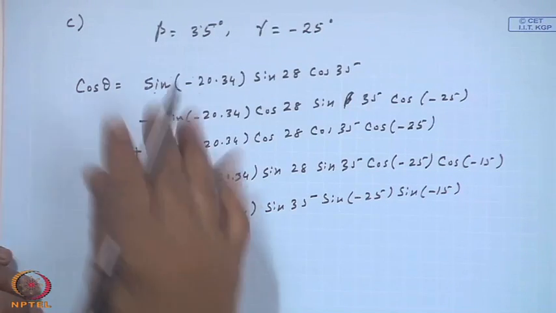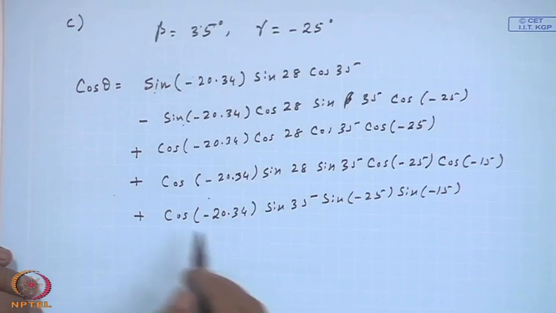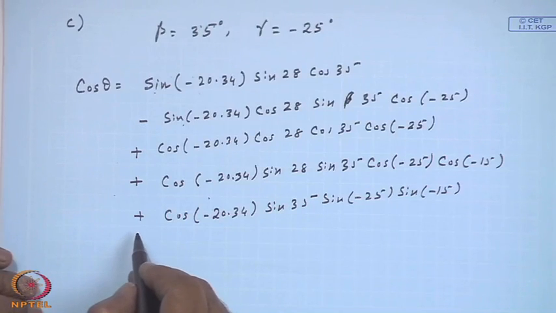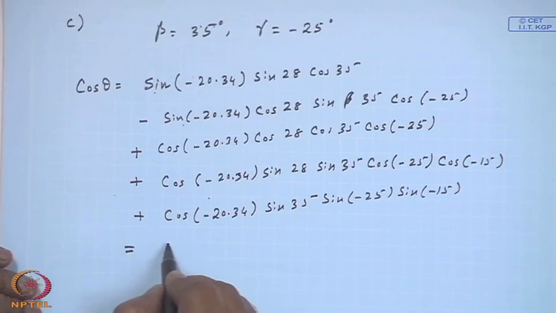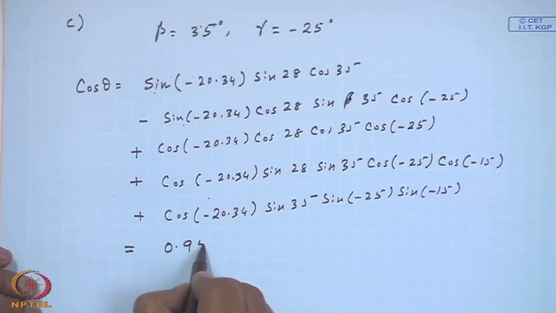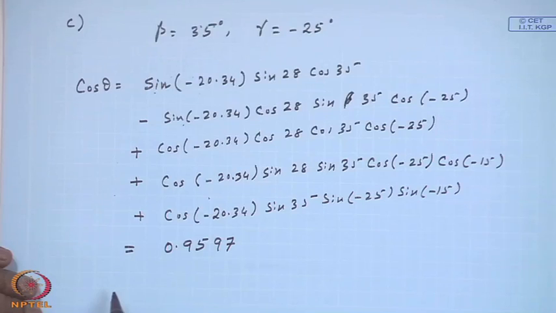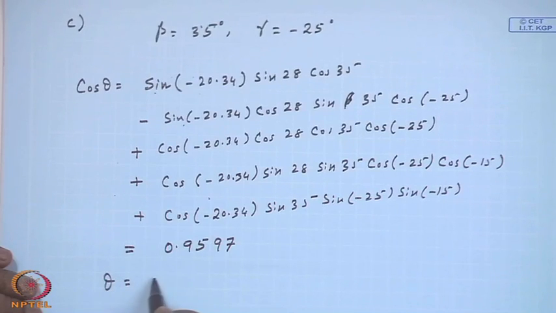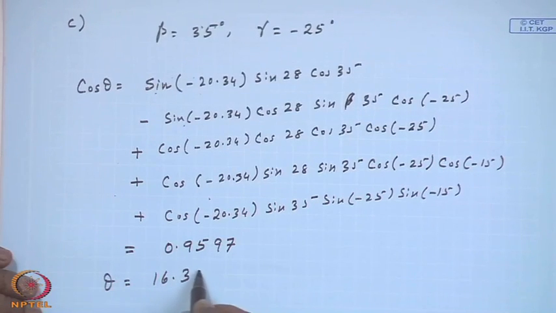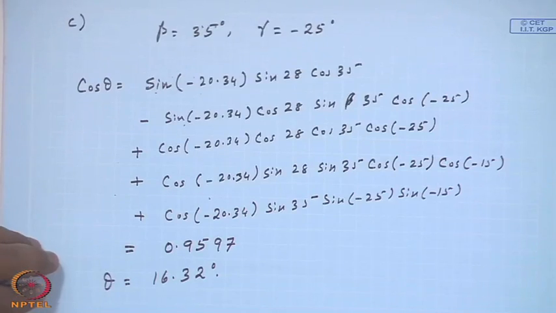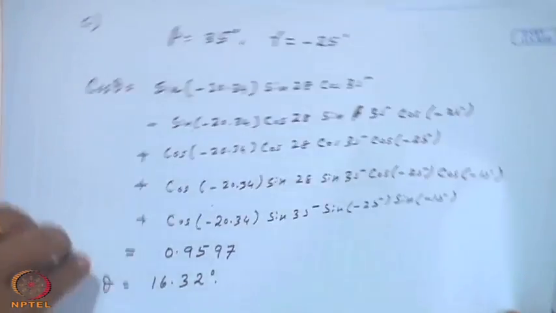So, I shall not rewrite each term, but the final cos theta is equal to 0.9597 and theta equal to 16.32. So, let us compare what we had earlier. This is 16.32.